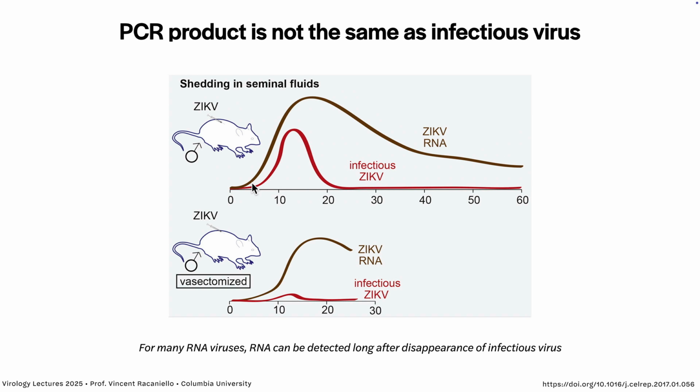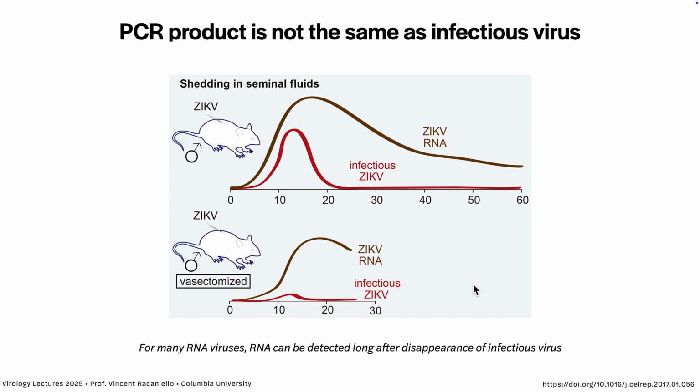You can see the mice shed infectious virus in semen up to about 21 days, but nothing after that. Yet Zika RNA persists for over 60 days. But obviously, there's no infectivity at that point. So PCR product is not infectious virus.